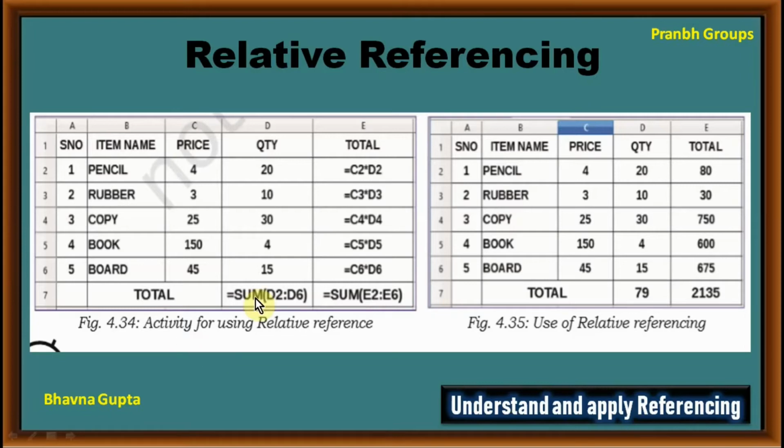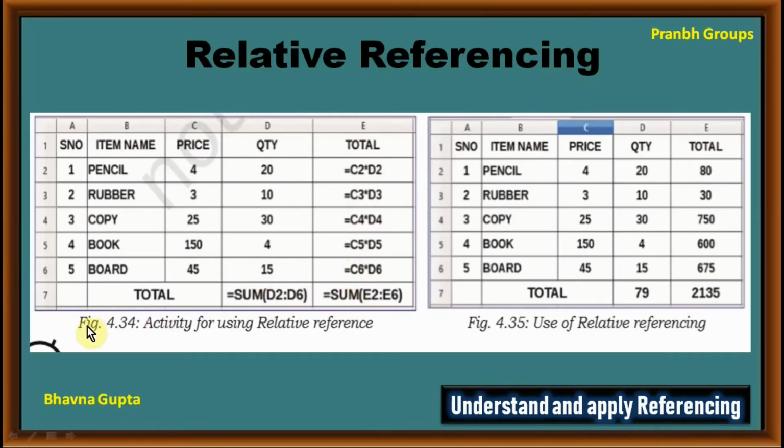In cell D7, the formula =SUM(D2:D6) has been used to calculate the total quantity of all items. Now drag the formula from E2 to E6 vertically and D7 to E7 horizontally.